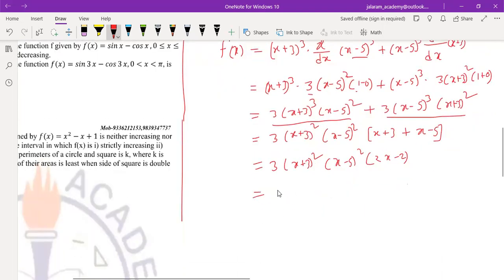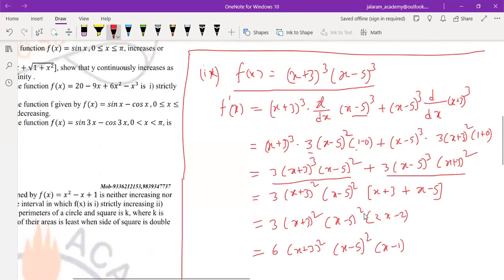Take 2 common from this bracket. 3 twos are 6 into (x+3)^2 into (x-5)^2 into (x-1). Is that clear to you?